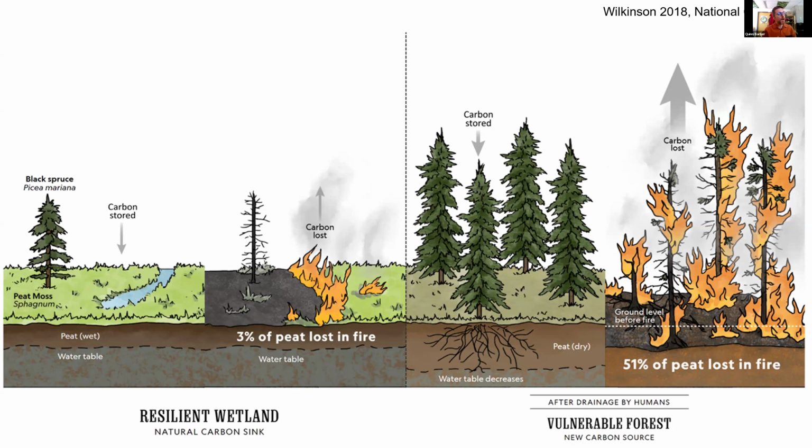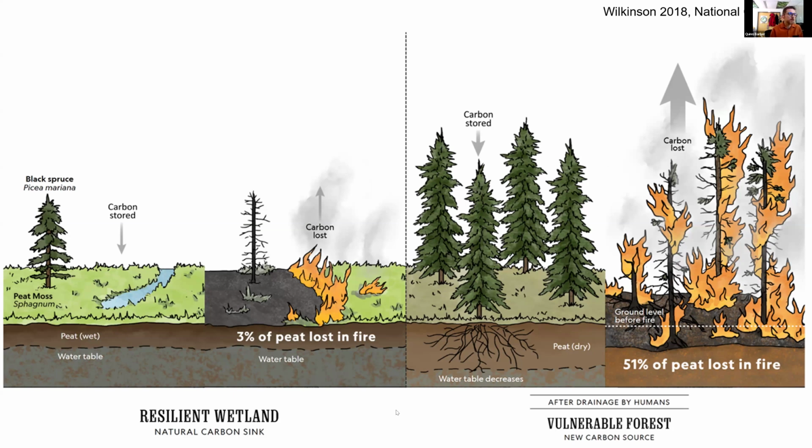Not only is the water table high because of surface geology conditions, but the capillary action of the peat actually draws water upwards and keeps them wet. The wildfires in this case only burn the surface of the peatland. In this study, they found that 3% of the peat was lost in one particularly large wildfire.